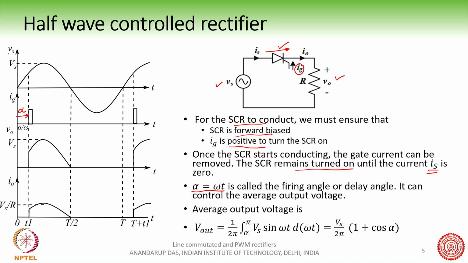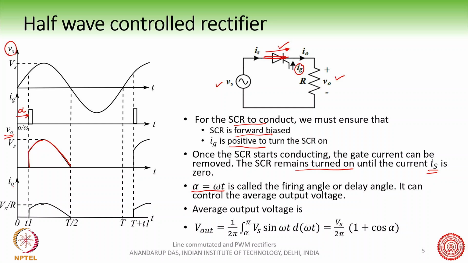Here is the supply voltage waveform, and when the SCR turns on, if I assume that the SCR is a perfect device having no drop during the on state, then the output voltage V0 will exactly follow the input voltage. This is like a short, so the output voltage will be exactly equal to the input voltage.